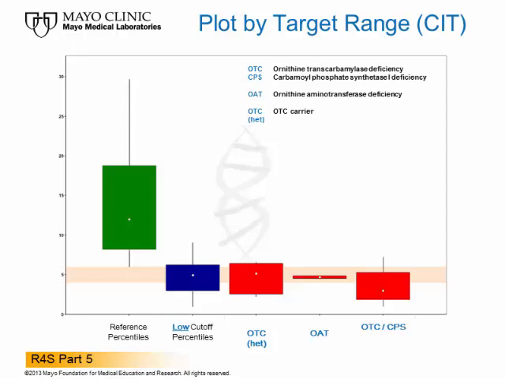Going back to the plot by target range, but this time below the reference range, it is possible to recognize the conditions with low citrulline, OTC and CPS, of course, symptomatic female carriers with OTC deficiency, and another rare condition, ornithine aminotransferase deficiency.